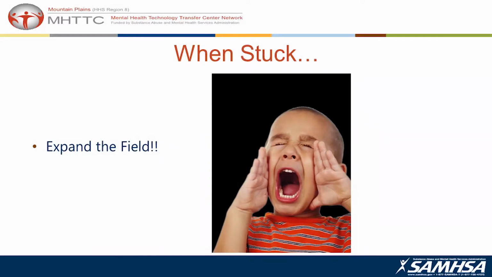So, the number one thing that I learned when I was in residency was if ever you're stuck, you expand the field. So you should never feel like you're alone or that it's all on you to be making these decisions. It would be pretty rare that you couldn't call someone up or ask for assistance when you're feeling stuck like that.